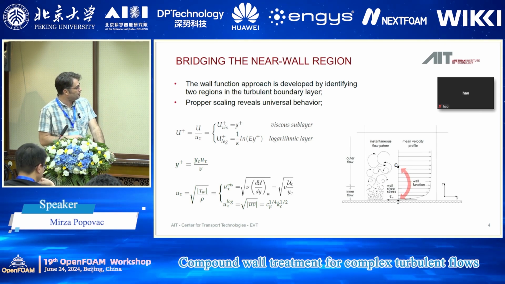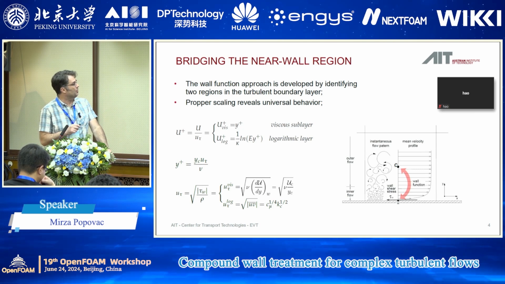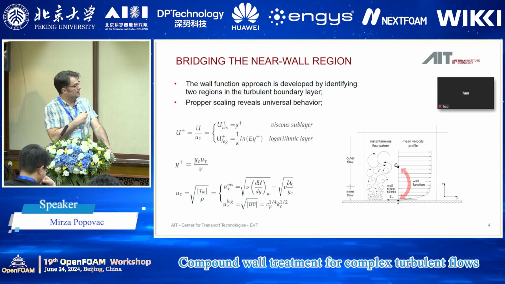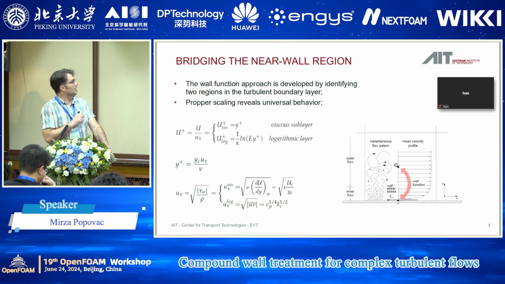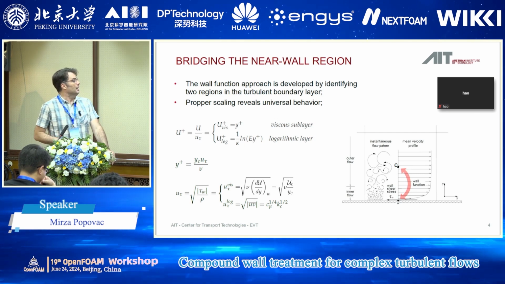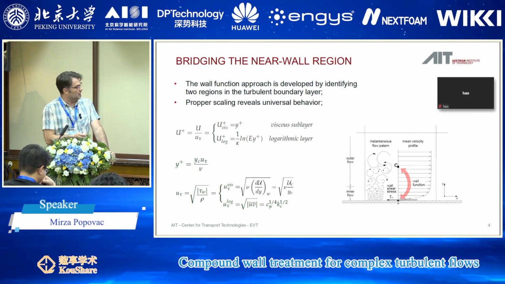And then you can reveal universal behavior of this velocity distribution by using proper scaling. What is proper scaling for wall-bounded flows? Well, of course, wall shear stress.